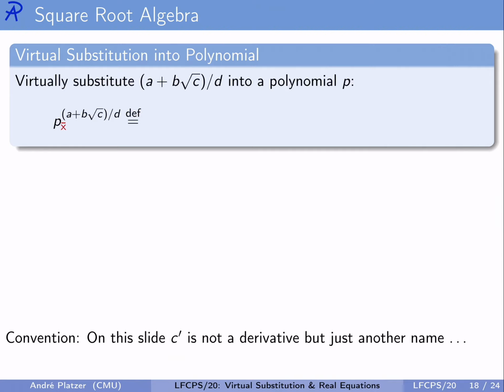If we start at the basics, how would we substitute a square root expression a plus b times square root of c divided by d, for terms a, b, c, d, into a polynomial p? Well, a polynomial is syntactically just a bunch of additions and multiplications, right? So in other words, if we figure out how to add and multiply expressions of this shape, it's very easy, right?